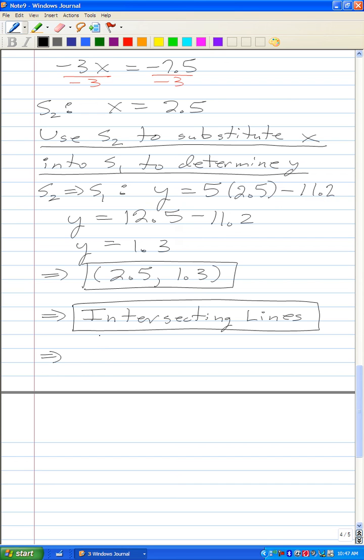And so this is a consistent system. And so that really finishes off section 4.2.